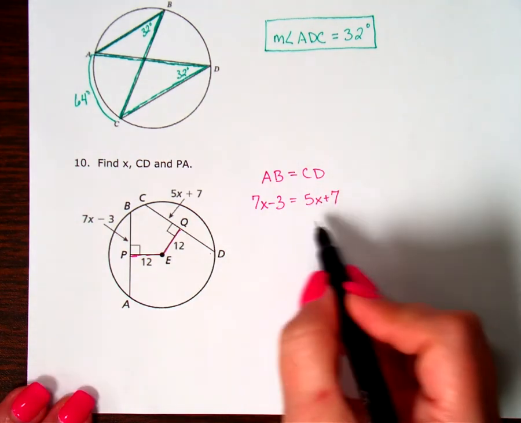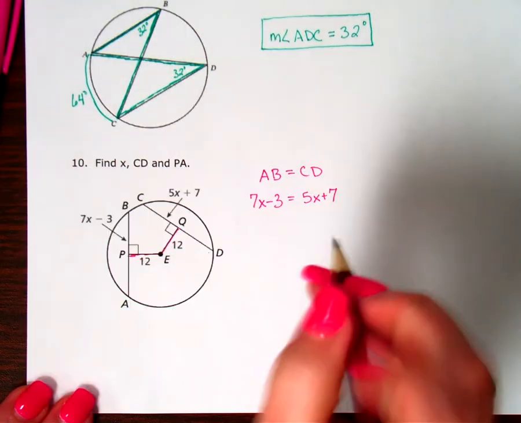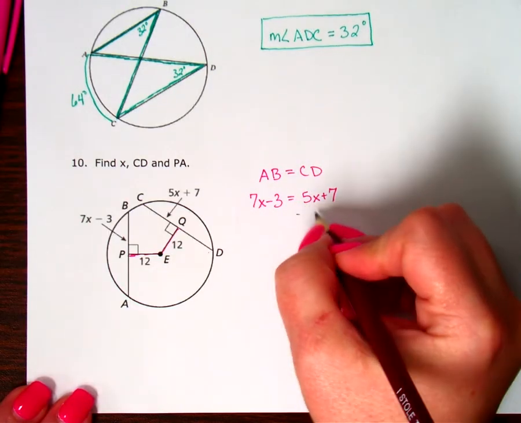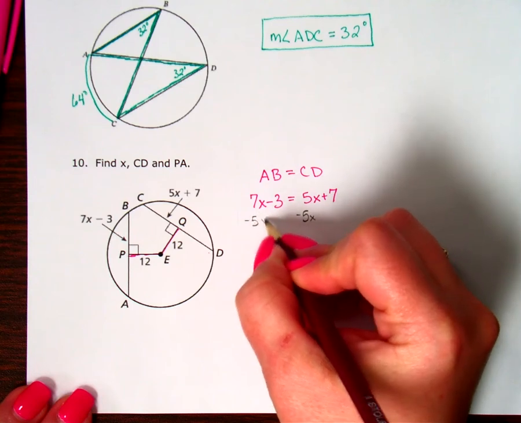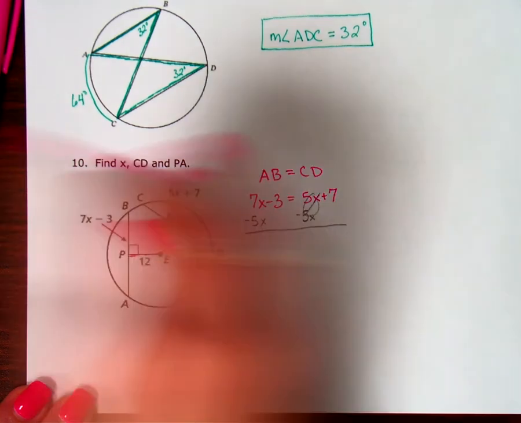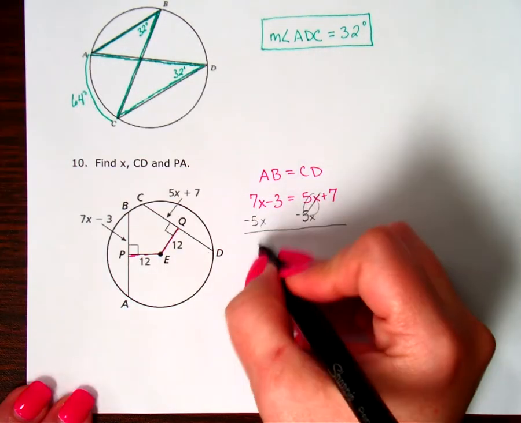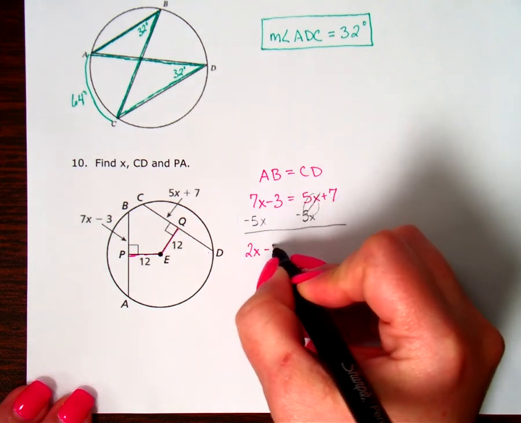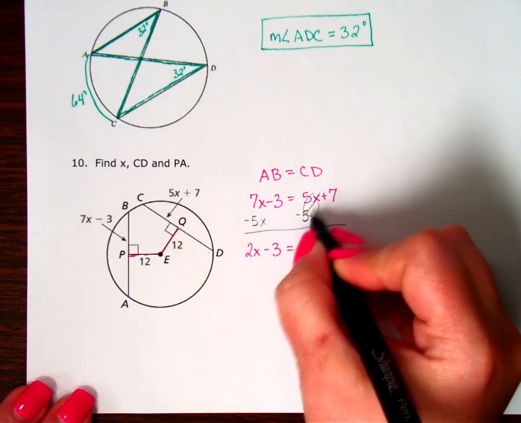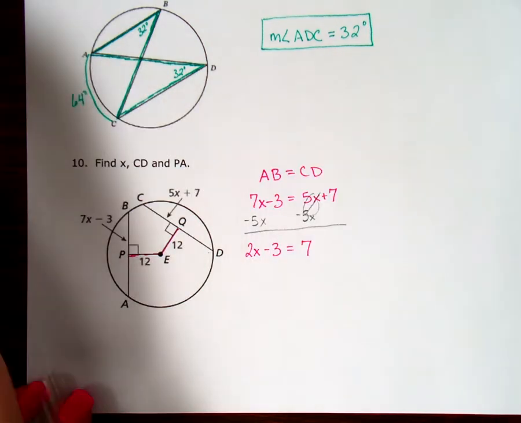Okay, so then when I solve those, I'm going to first subtract 5x and get 2x minus 3 equals 0 plus 7.